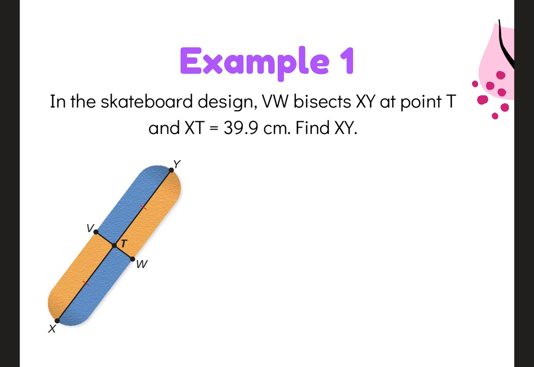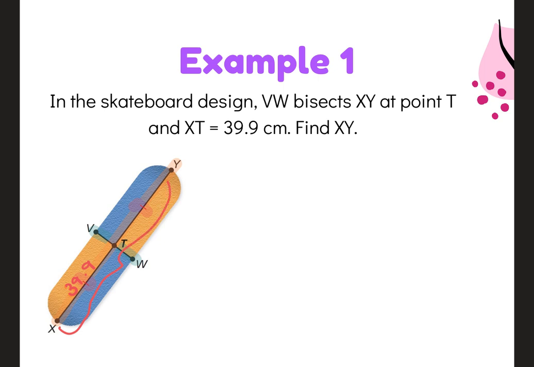Example 1 says, in the skateboard design, VW is the bisector. It bisects XY, so it cuts XY into two congruent parts at point T, and XT is 39.9, and it wants you to find XY.